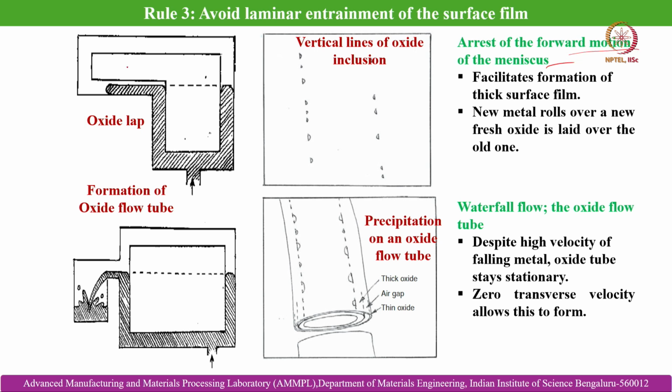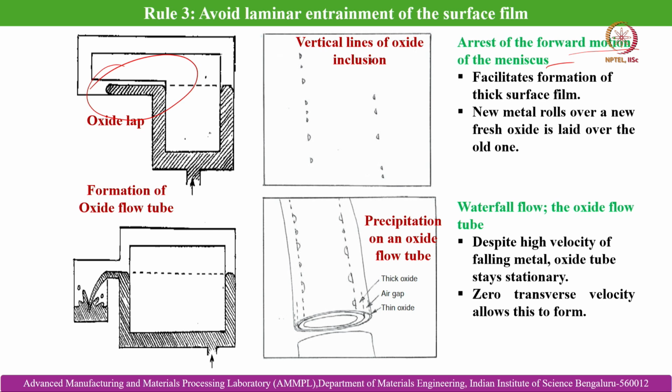This is what the example shows over here. It facilitates the formation of a thick surface film, because it is solidifying metal. Mostly we are dealing with metals with significant thermal conductivity, which cool fast, and that is why the chances of surface film formation because of solidification at the liquid solid front are very high, and then the new metal rolls over a new fresh oxide.